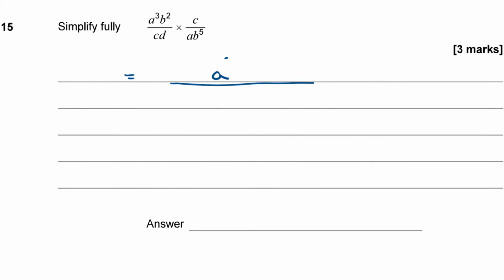That's going to be a cubed b squared c on the top. I can do the same thing to the bottom, can't I? cd times ab to the power of 5. That's going to give me a b to the power of 5 cd, just rewriting those factors down in alphabetical order.